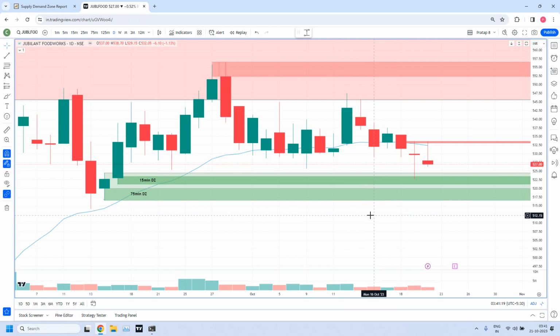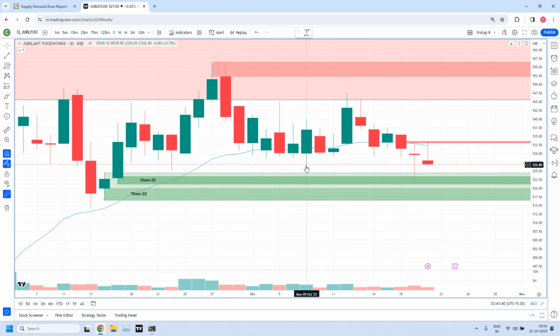But before that, did you observe that twice the price tried to reach this high liquidity demand zone and failed to reach it? Twice it failed to reach. This is the first candle, it failed to reach the high liquidity demand zone.